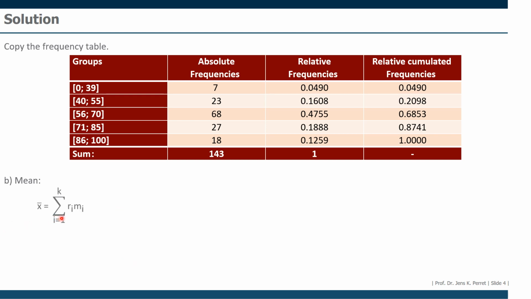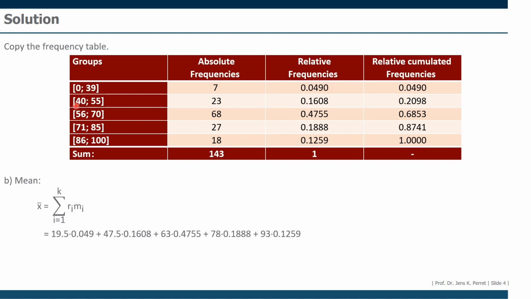That's exactly this formula here, meaning we take the relative frequencies, that's the Ri, we're going to multiply this with the mean of this group, the value between minimum and maximum, and we're going to add all of these numbers up. That's what we did here. So the value in between 0 and 39 is 19.5 times the relative frequency.